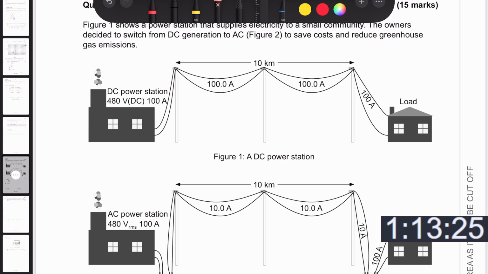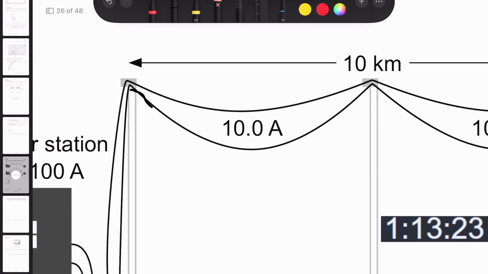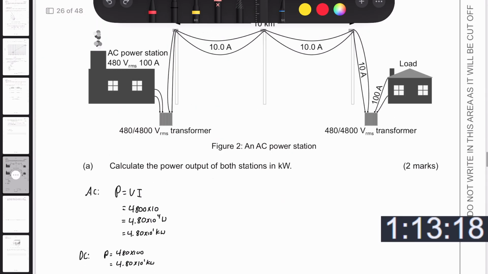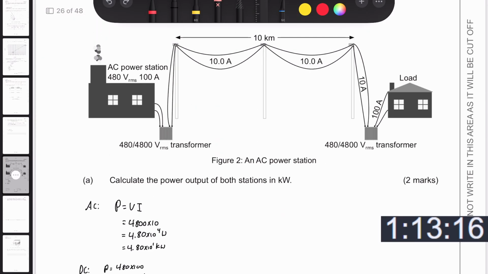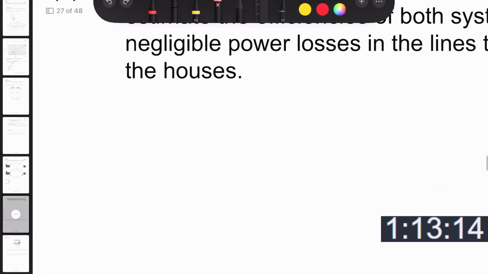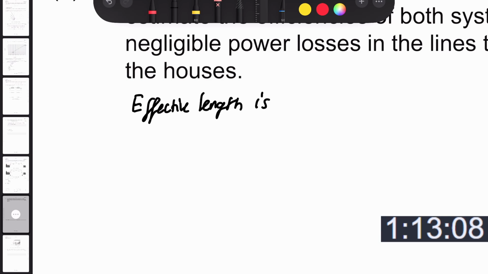I think I've seen this question before where they have clearly two wires there. So we need a double, so the effective length is 20 kilometers for each.